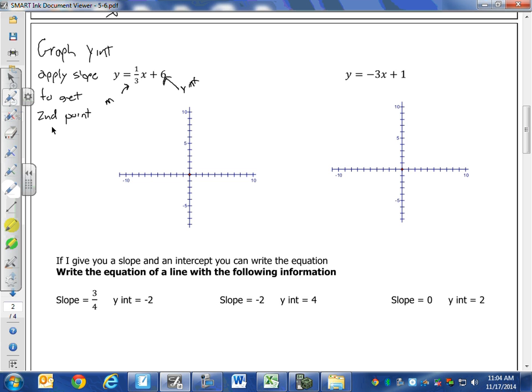You will get a second point. Once you have 2 points, you're good to go. Connect and extend after you graph the 2 points. That's up 3 over 1. My rise is 1. My run is 3.